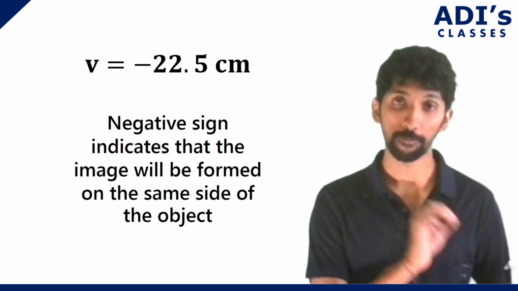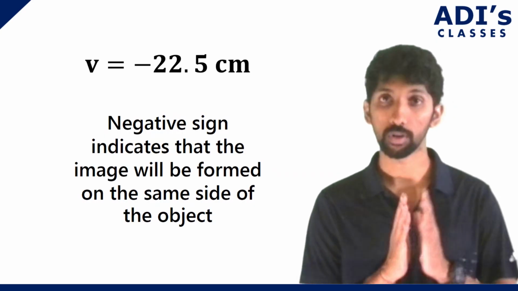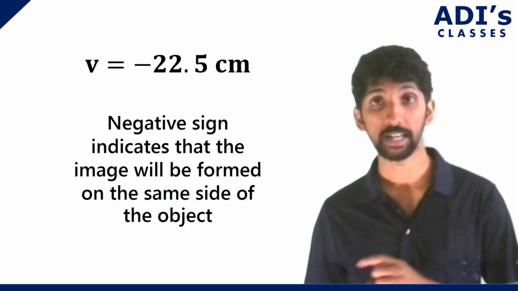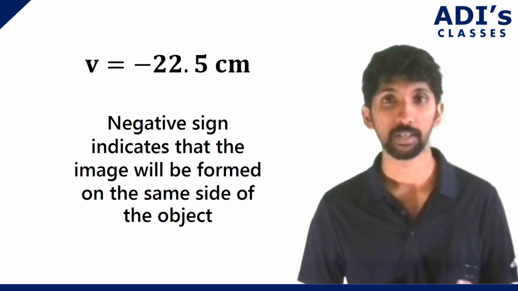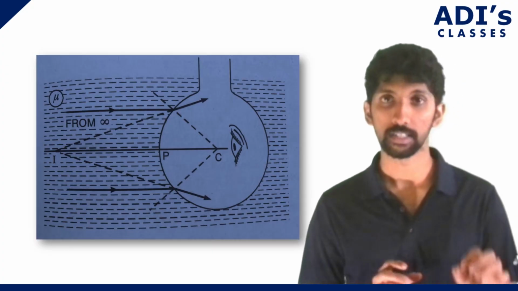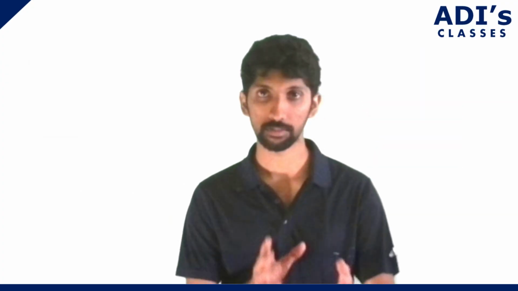This is the reason why v is negative. So whatever we have done, we have taken a flask and the light ray from the denser to rarer medium, and we got the image formed in the denser medium itself. The distance was 22.5 centimeters. Okay, this is how the problem goes.